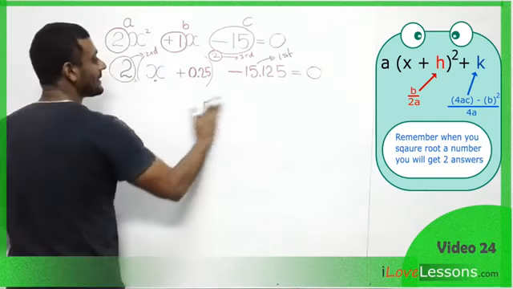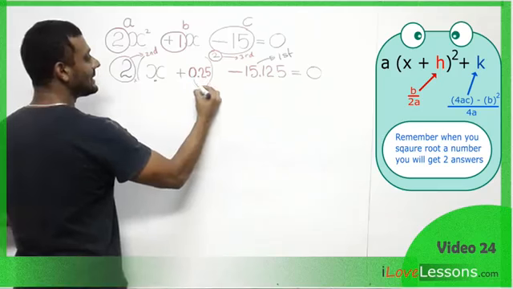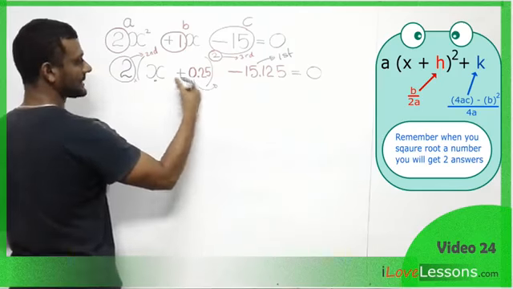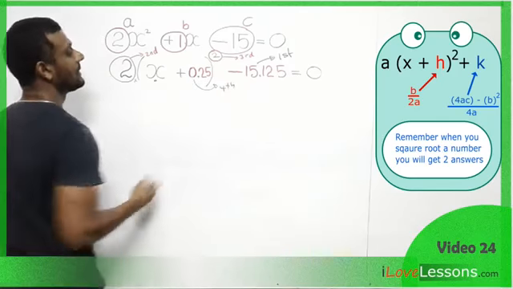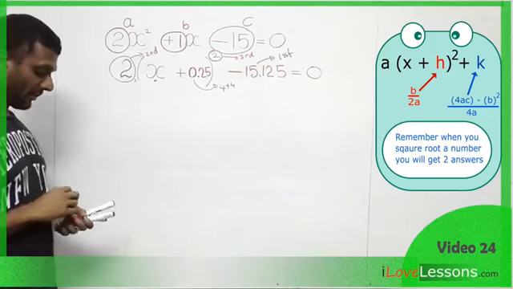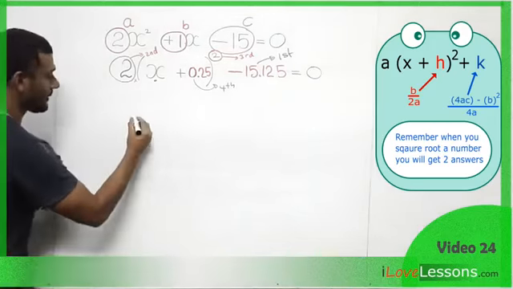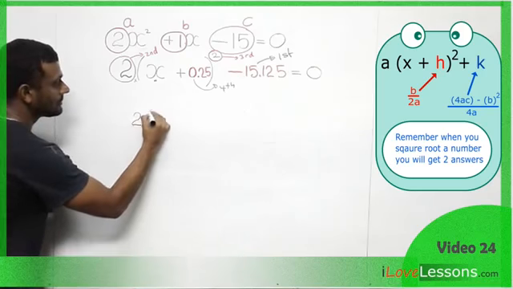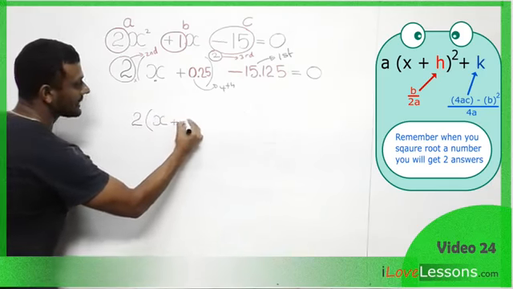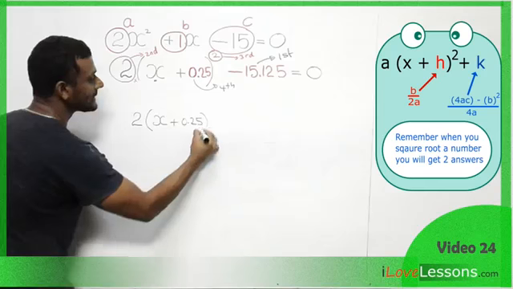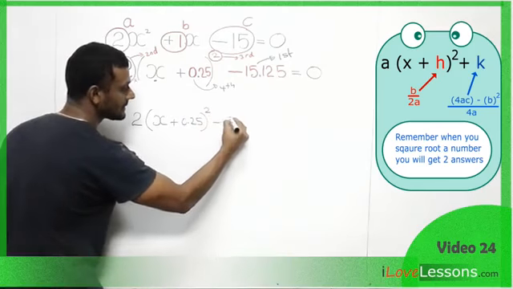And last on the list will be the 0.25. The positive 0.25 will eventually turn to a negative 0.25. So let's start this here now. We have the 2 x plus 0.25, and let's write it a little bit smaller because I need the space.